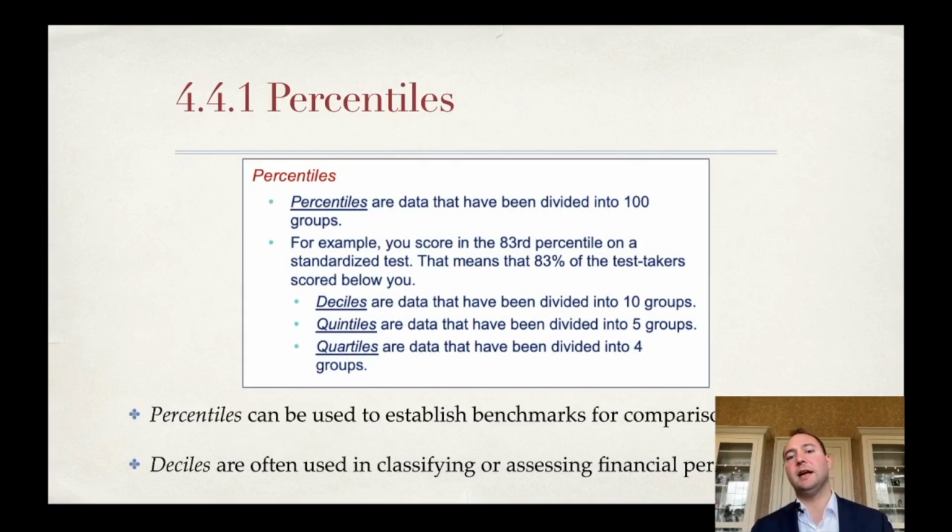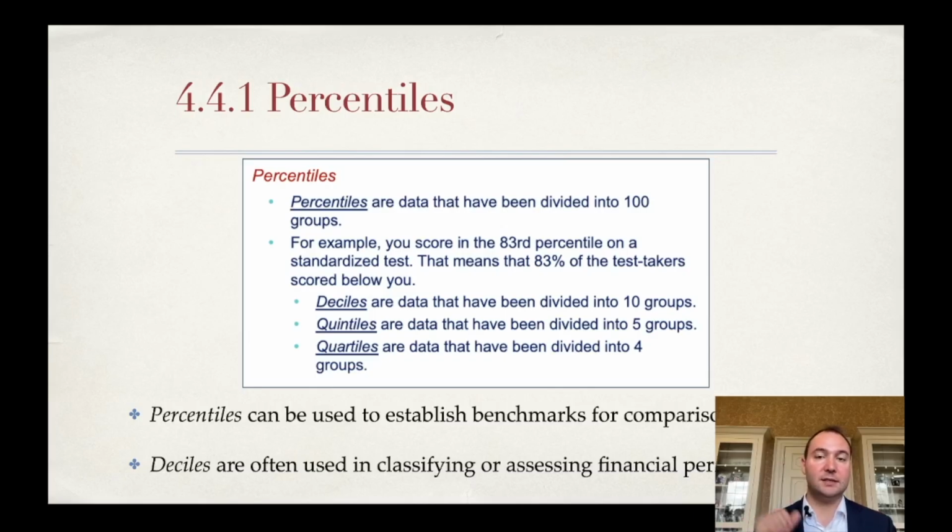Percentiles. Percentiles are data that has been divided into 100 groups. For example, if you score in the 83rd percentile on a standardized test, that means that 83% of test takers scored below your score. Deciles are data that has been divided into 10 groups.